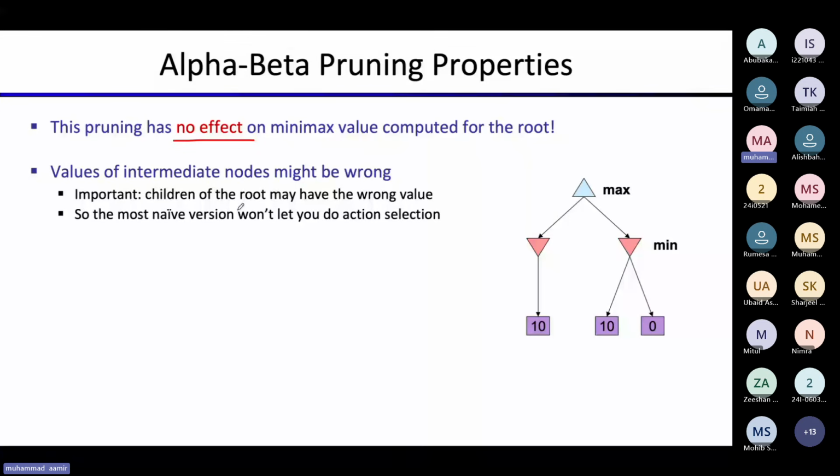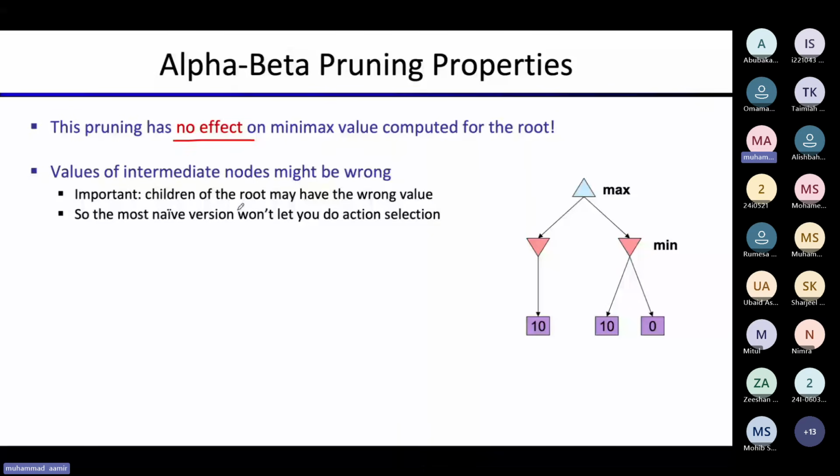Because your estimated utility values were wrong, there are chances that the alpha beta pruning has selected the wrong values and will give you the wrong answer. In that case, minimax will also give you the wrong answer because of the wrong estimated utility values.